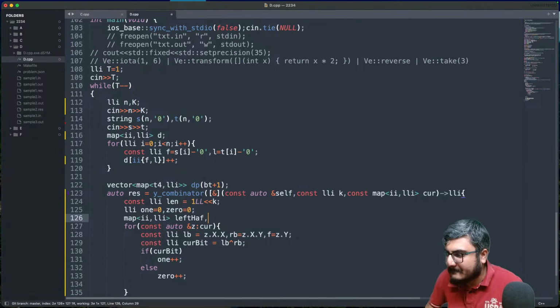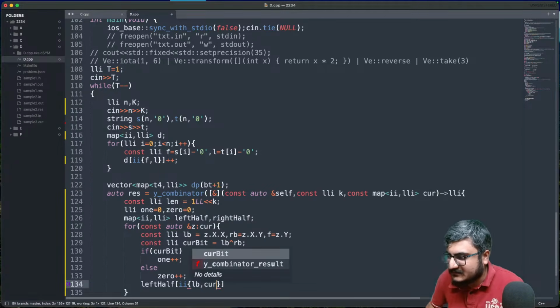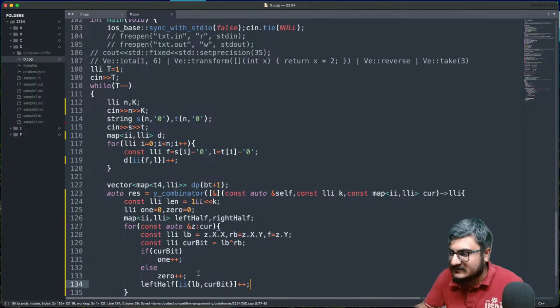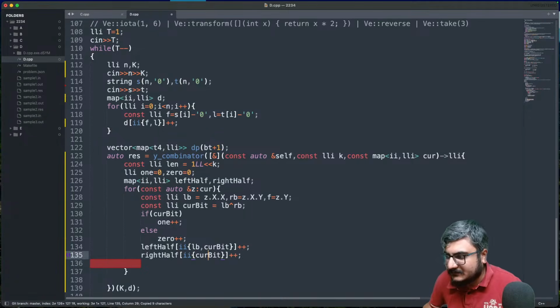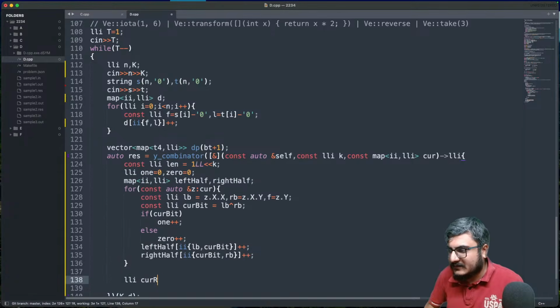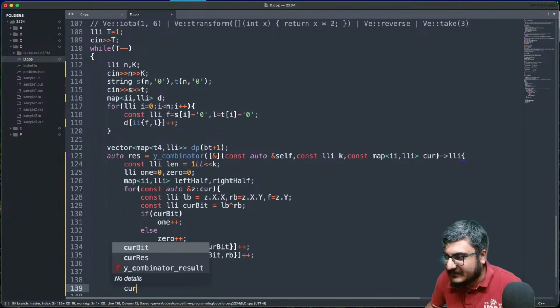Left half and right half. For the left half, left bit plus current bit, this pair increases. For the right half, current bit and right bit increases. Current result is 0 for the current number. Let's add it.